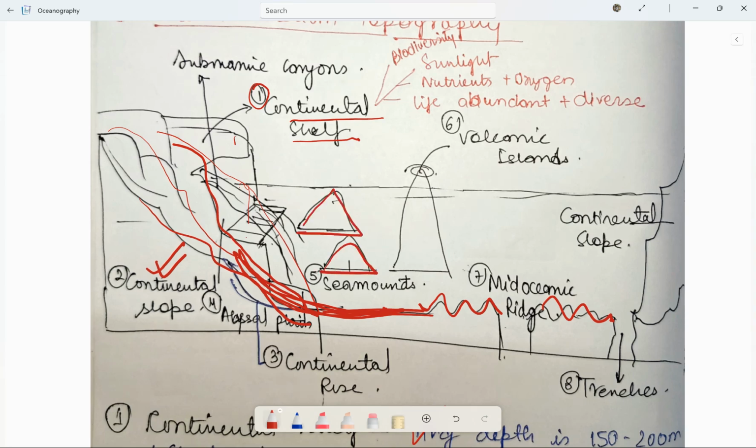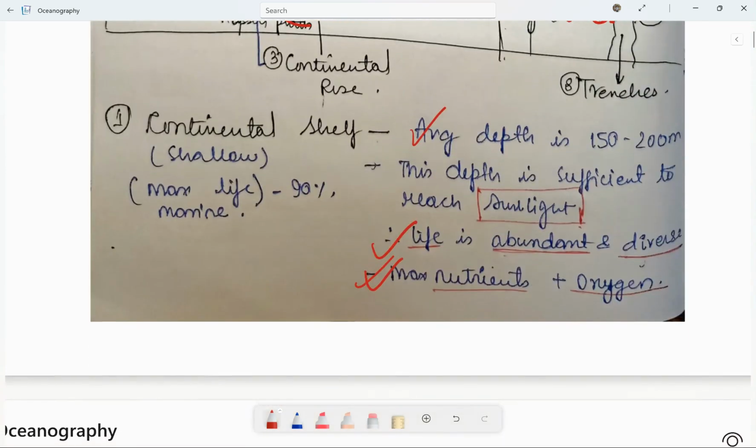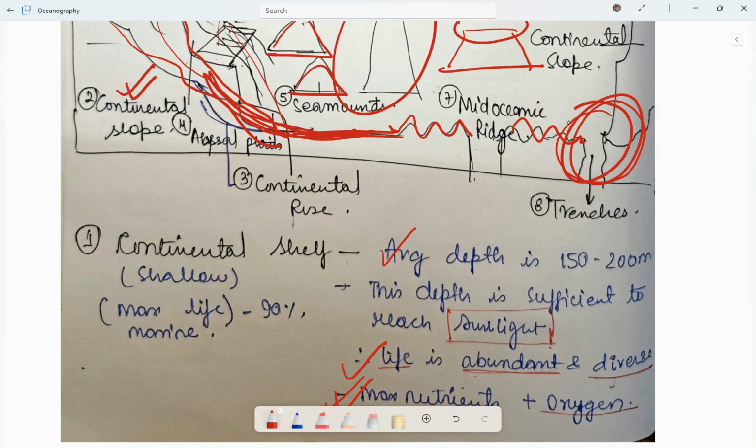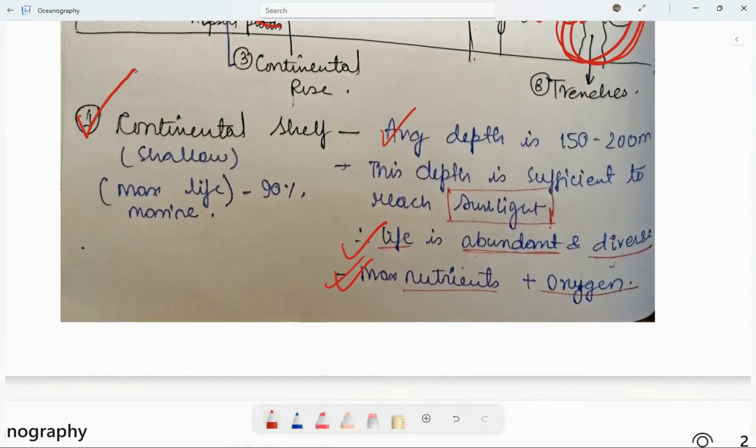A guyot is a seamount that has no pointed top, like a pyramid. These are volcanic islands. And these are the trenches which divide the ocean, due to subduction or similar processes.